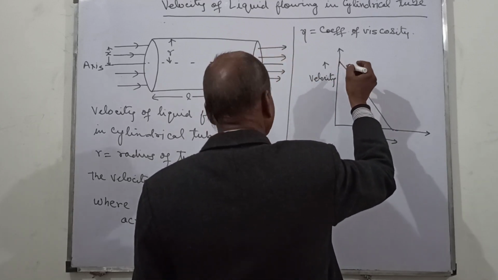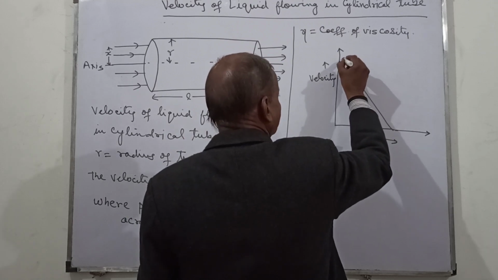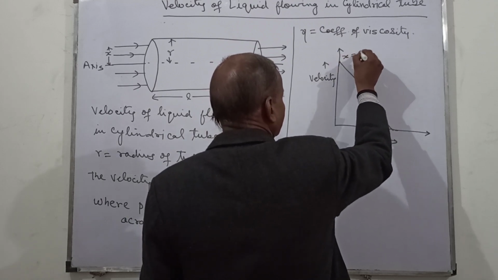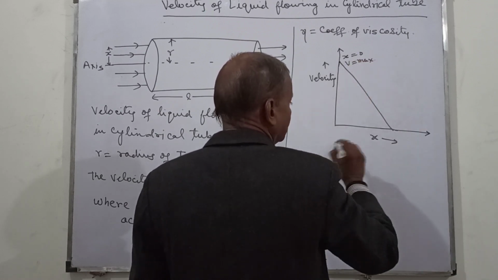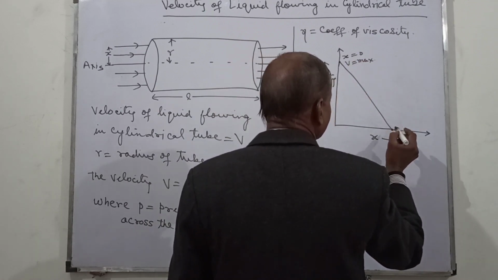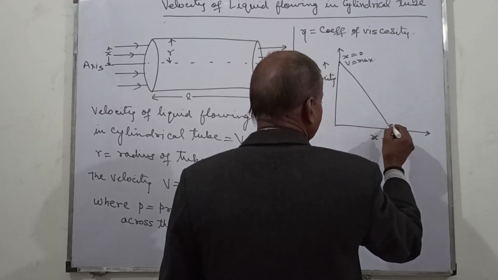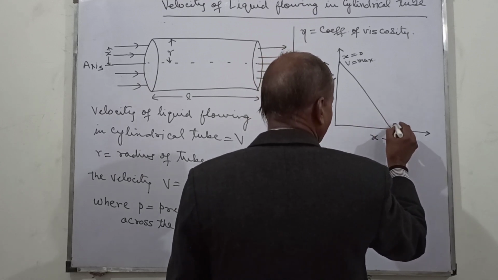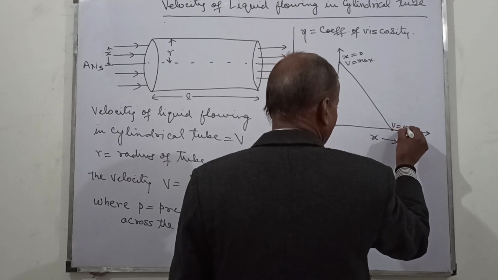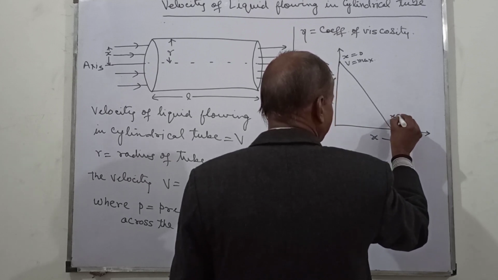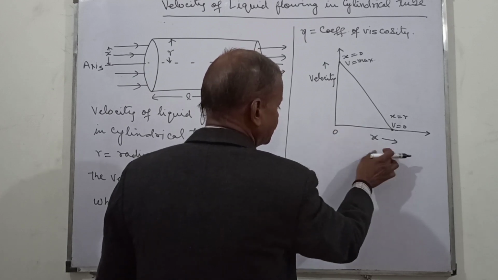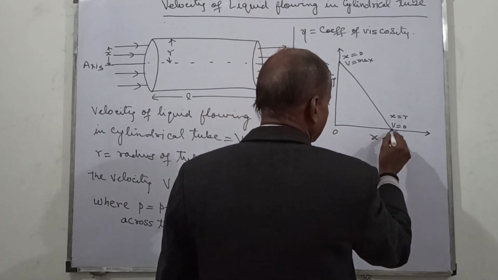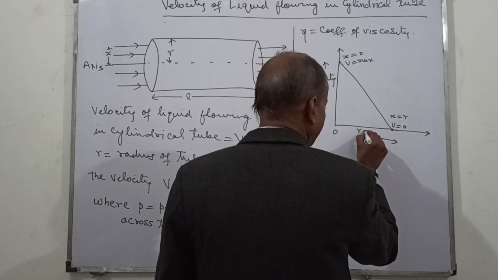Here we have x equal to 0, so V is maximum. Here x equal to r, V is equal to 0. So this distance here is not r, the radius.